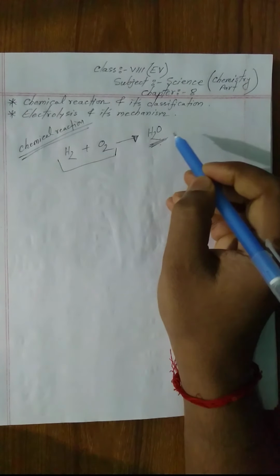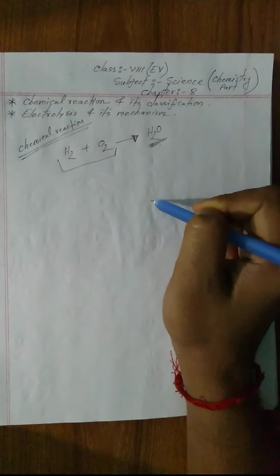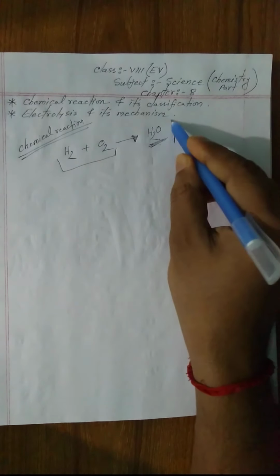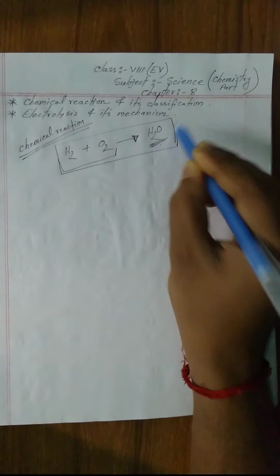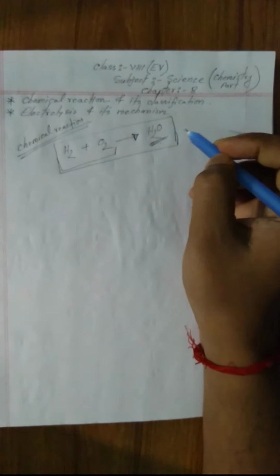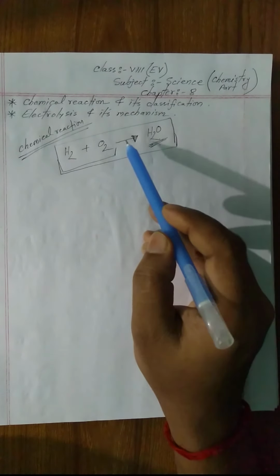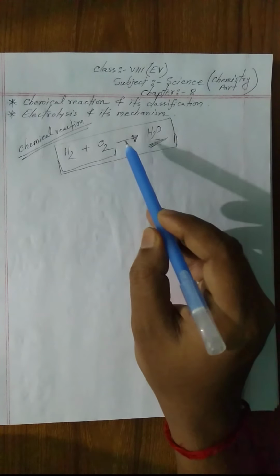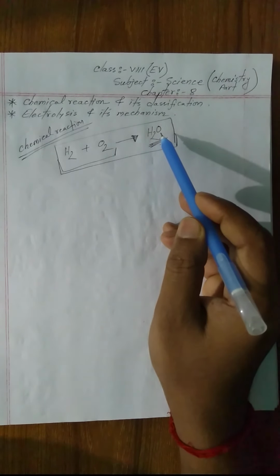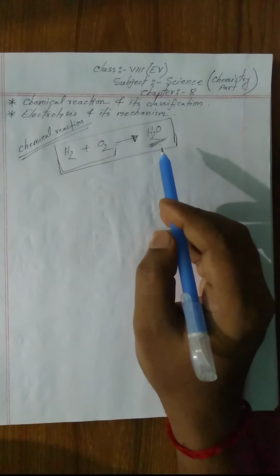The equation which is used to express a chemical reaction is known as a chemical equation. In a chemical equation, between the previous substance and the newly formed substance, an arrow sign or equal sign is used.